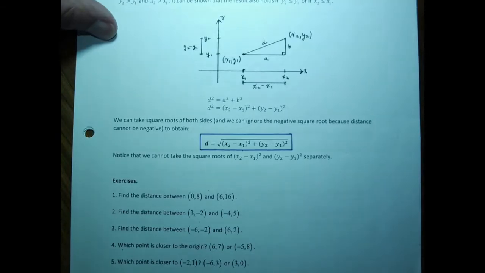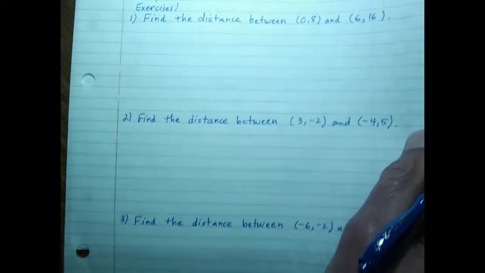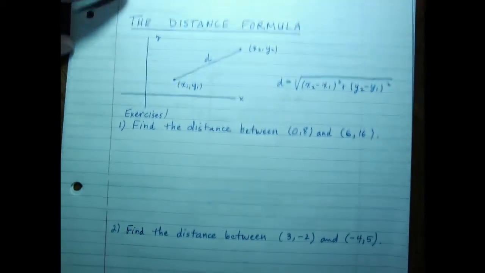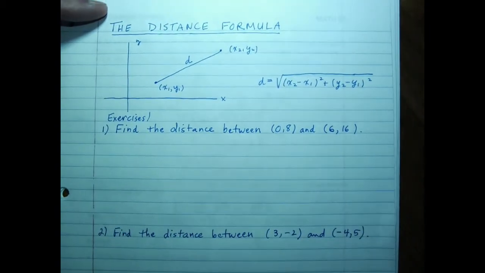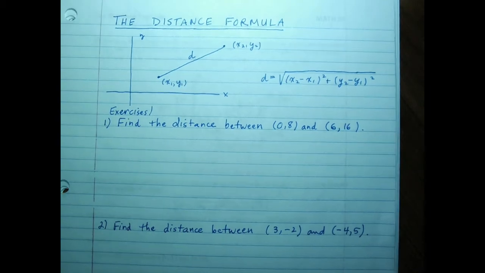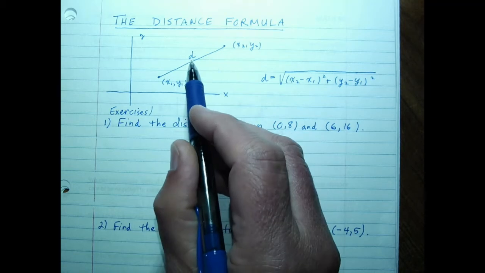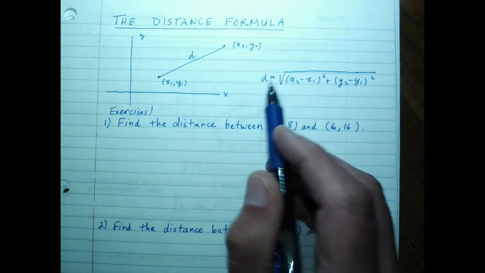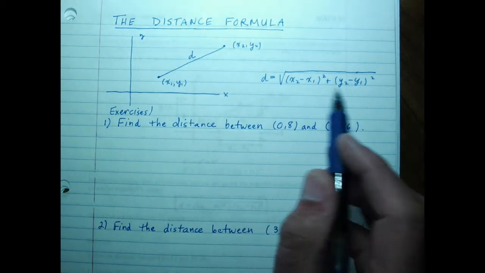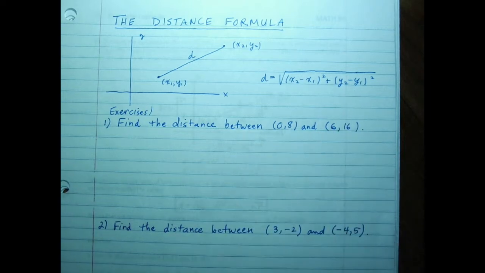And so I have on my handout several exercises, and I've gone ahead and copied those on a separate sheet of paper. And just to get us started, I want to go back to just really the bare essentials here. So we had 2 points. We wanted the distance d. That distance d is given by this formula on the right. Now let's go ahead and apply this to a particular problem.